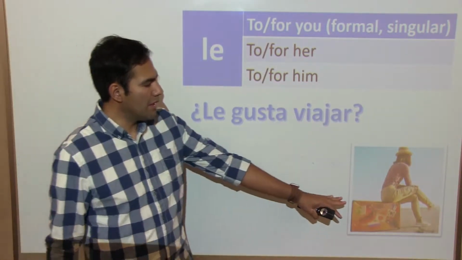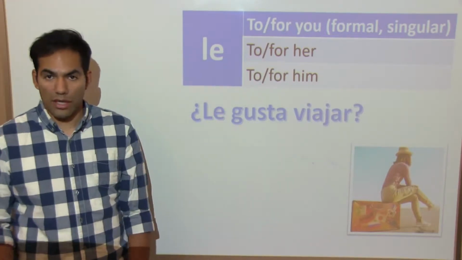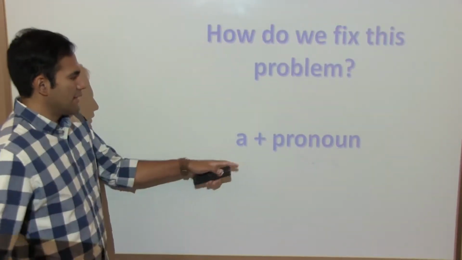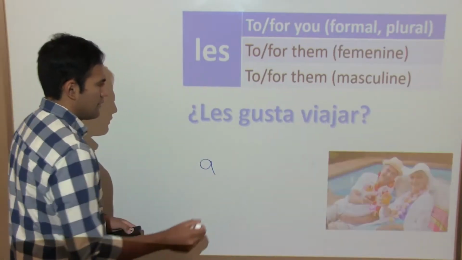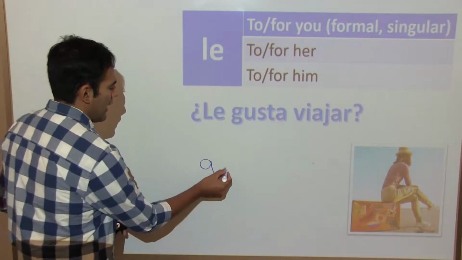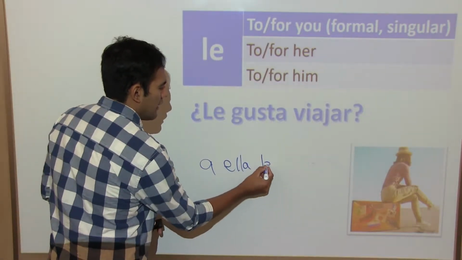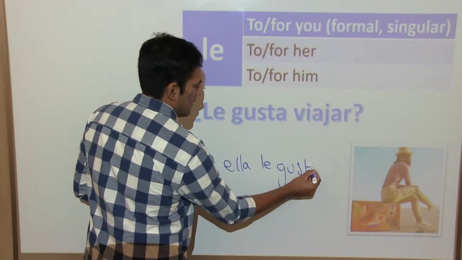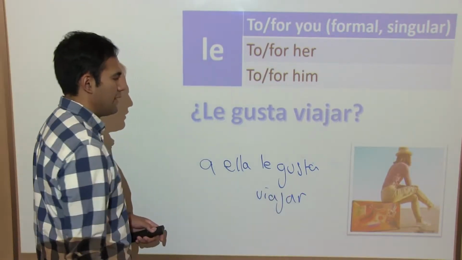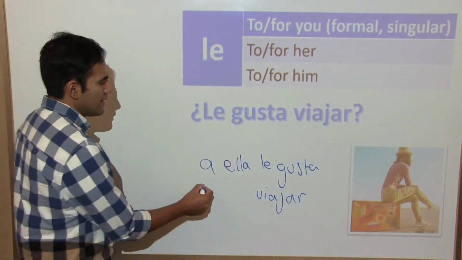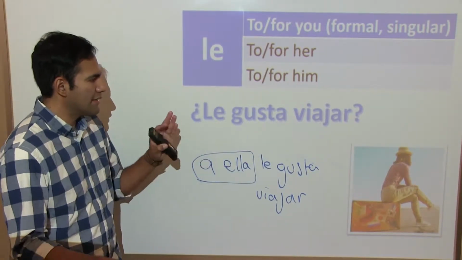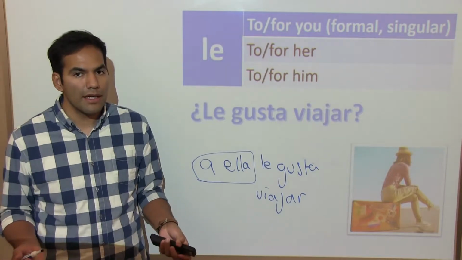So if we're talking about a girl that likes to travel, we are going to add our preposition, and then a pronoun. A ella le gusta viajar.